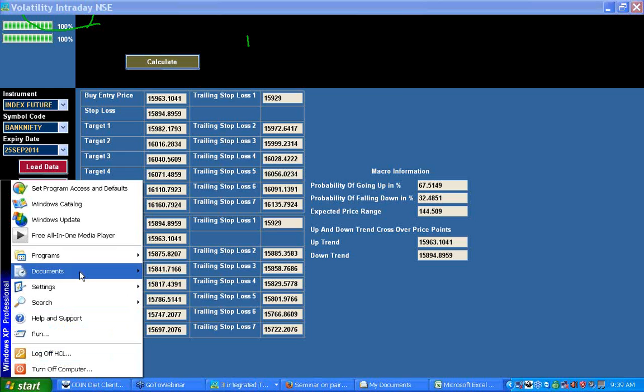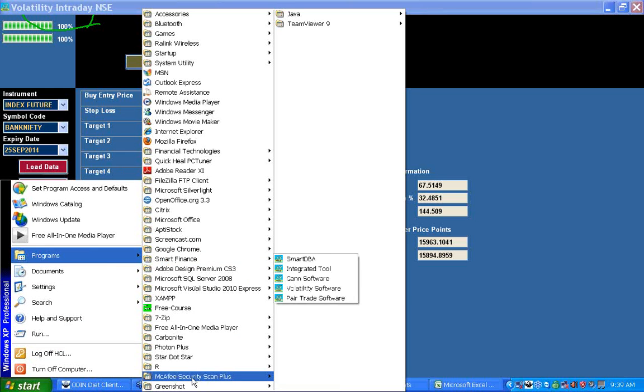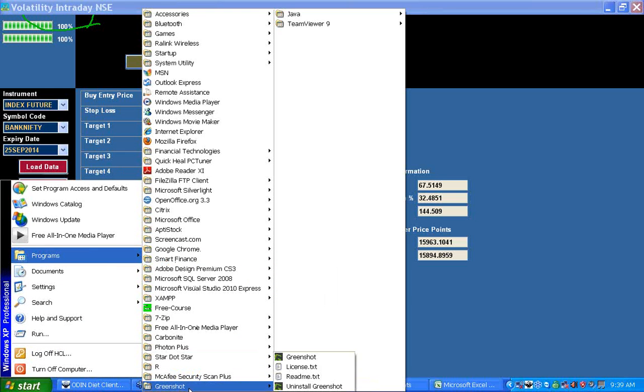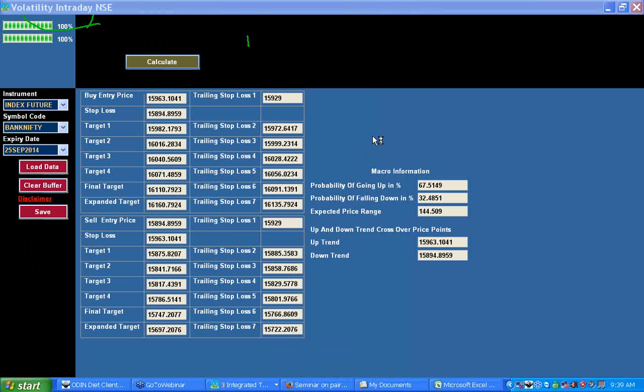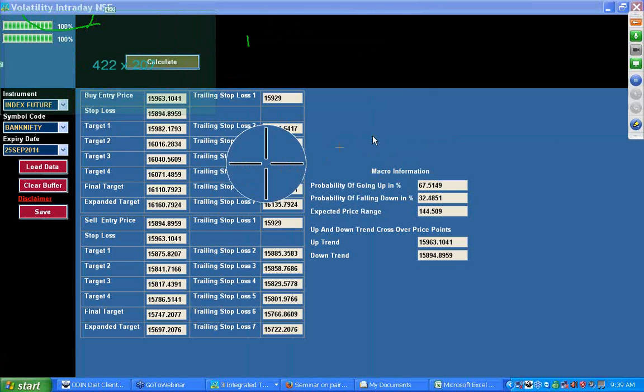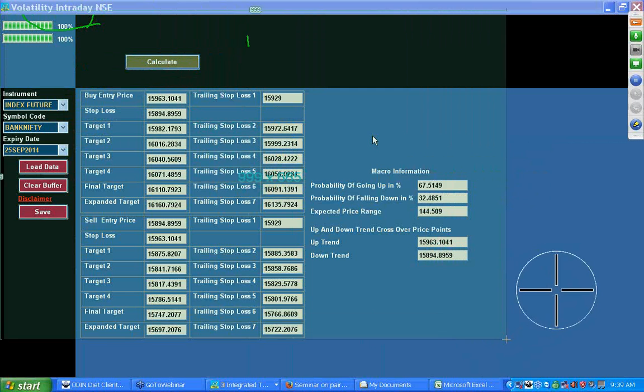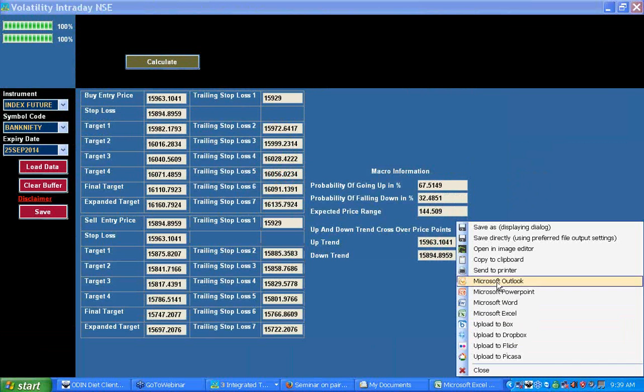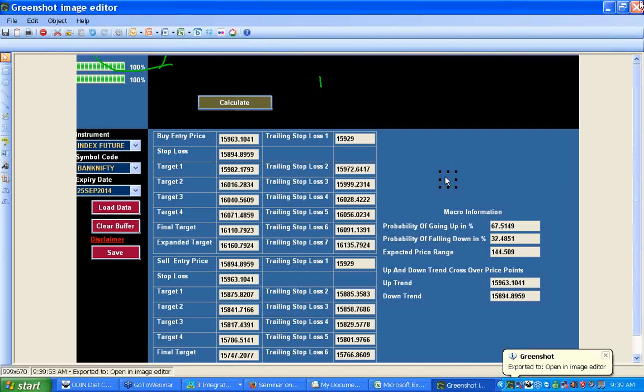I'll take a screen print of this experiment so that I can share it with you at day end with its success or failure.